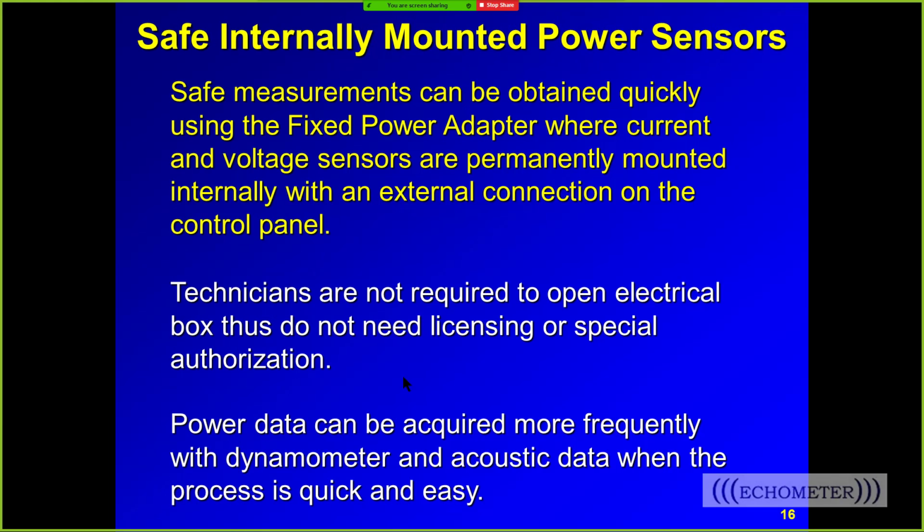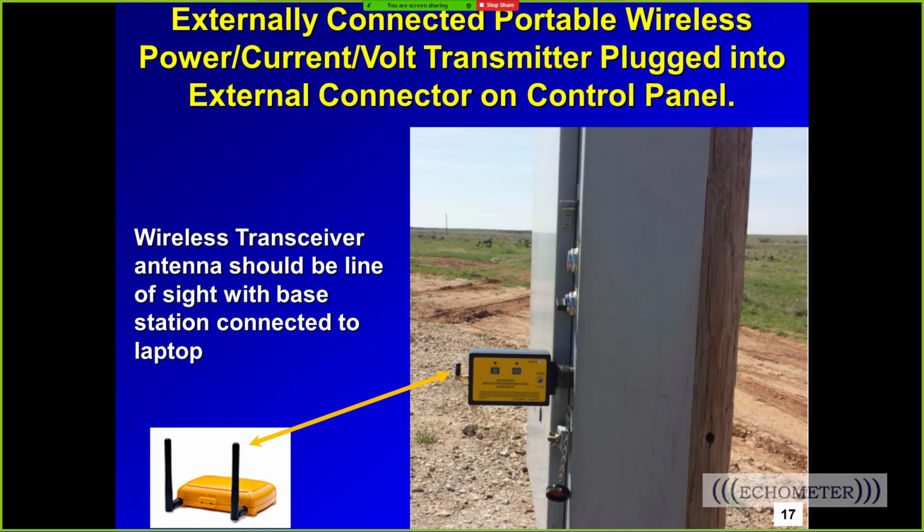Now, this slide is just saying, if you can't get in the panel, then we have the fixed power adapter. And here's the radio receiver for the power probe screwed right into the panel, and it's saying, hey, you need line of sight to your base. What we recommend is different than this slideshow.